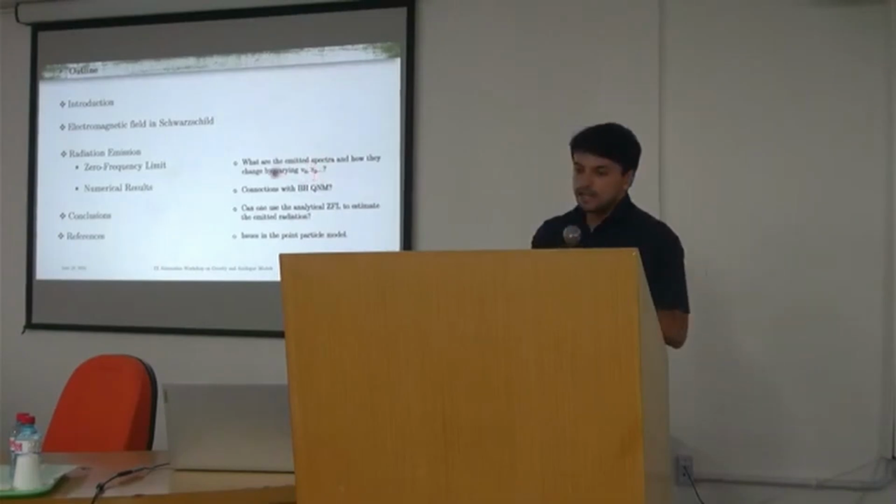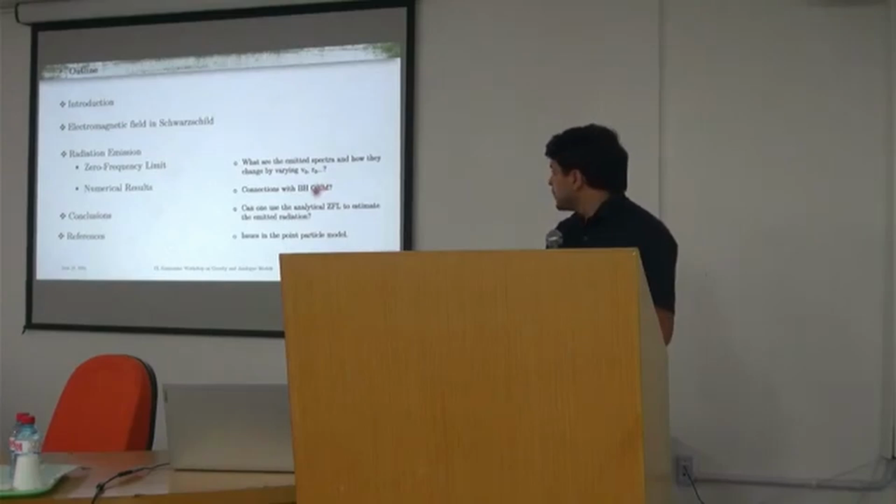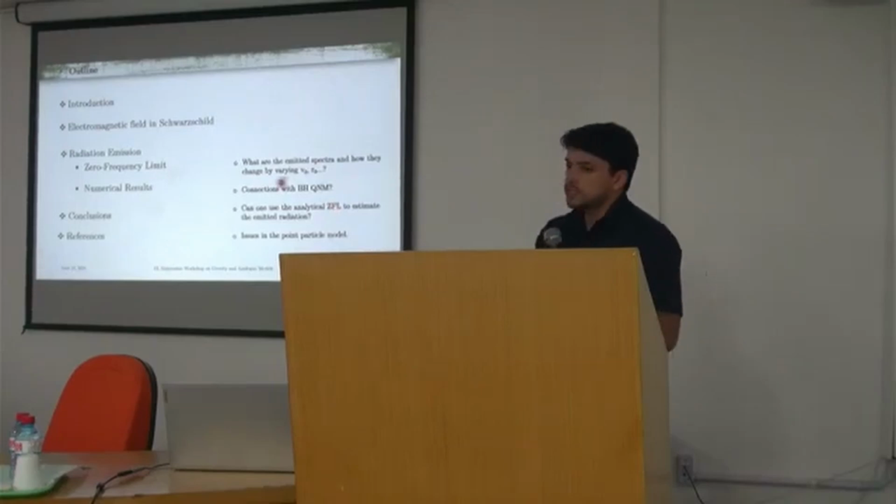If there are any connections with the black hole quasi-normal modes or quasi-normal frequencies, and if the zero frequency limit results can be used to estimate the radiation that is emitted by the charge. And in the end, we will talk a little bit about issues that appear in the point particle model.